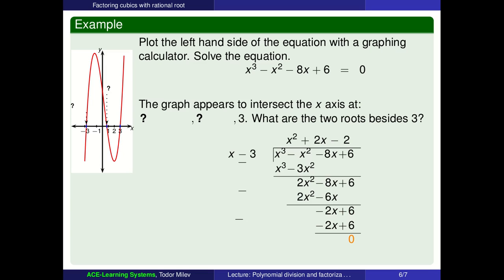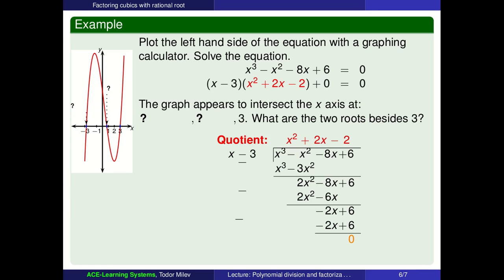And indeed, the original cubic x cubed minus x squared minus 8x plus 6 is divisible by x minus 3, and x equals 3 is indeed a root of that cubic. Okay, so our quotient is x squared plus 2x minus 2.